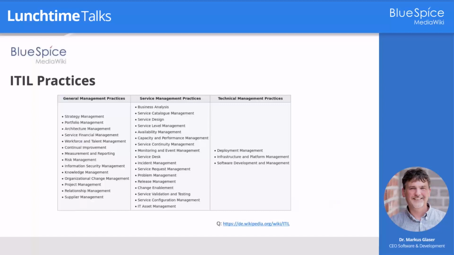If you look at this, you can see that it's 34 practices. Let's take a look. We need to manage our strategy. We need to manage architecture. We want to continuously improve our service. We need to manage risk. Information security needs to be managed. Knowledge needs to be managed. Suppliers. We need a service desk, a central point of contact, a single point of contact, sorry.